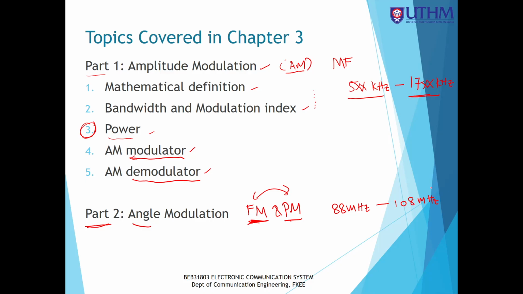If you have a radio, you see that for FM the range of frequencies is between this. So you can find a radio station between this range of frequencies.